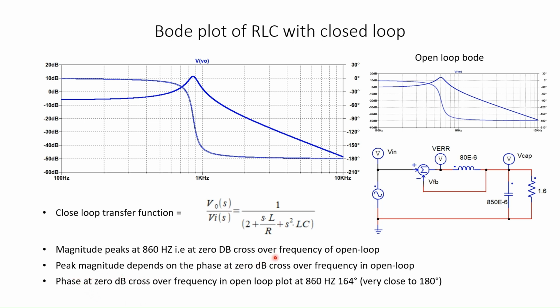As mentioned earlier for stability, at the 0 dB crossover frequency, if the phase is close to 180 degrees, then the output magnitude will be very high. Peak magnitude depends on the phase at the 0 dB crossover frequency in open loop. The phase at the 0 dB crossover frequency in the open loop plot at 860 Hz is 164 degrees, very close to 180 degrees.